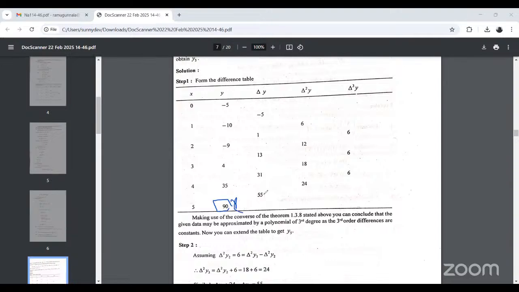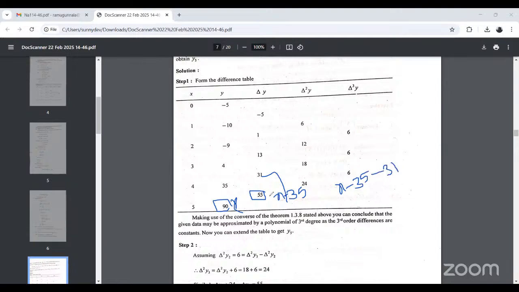When you take it as x, then this becomes x minus 35. Yes? X minus 35. So x minus 35, and this becomes x minus 35 minus 31.